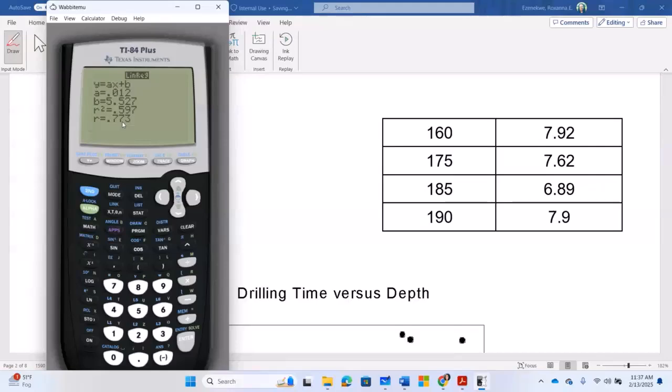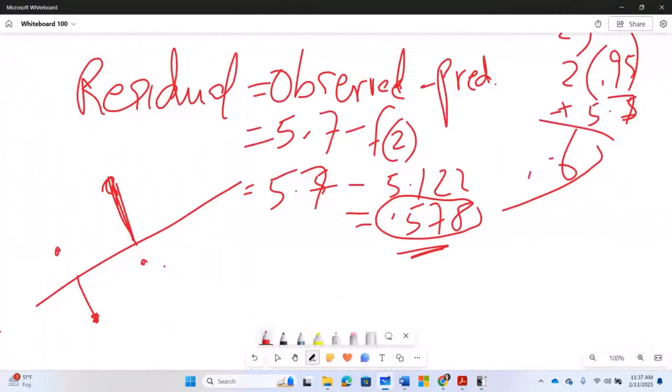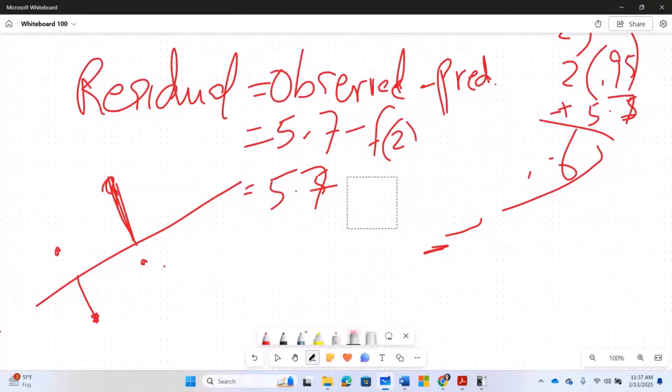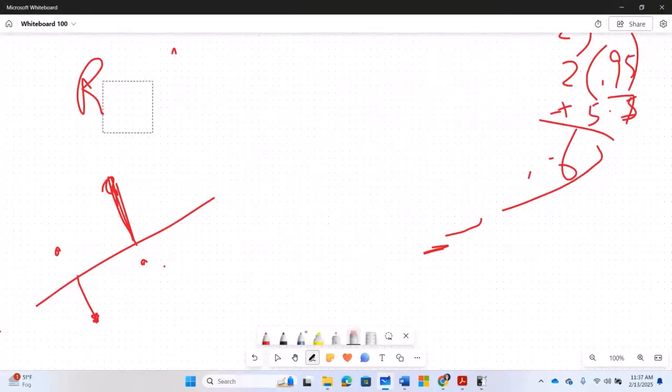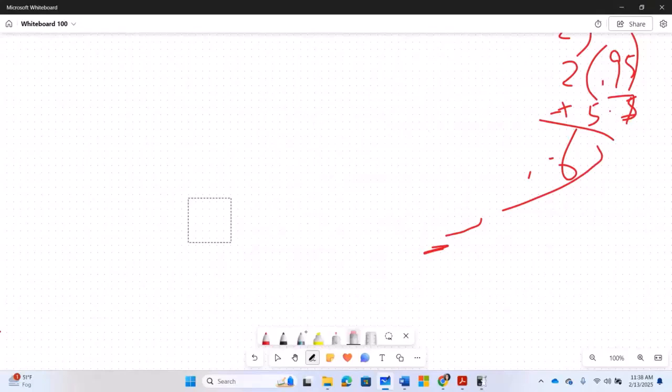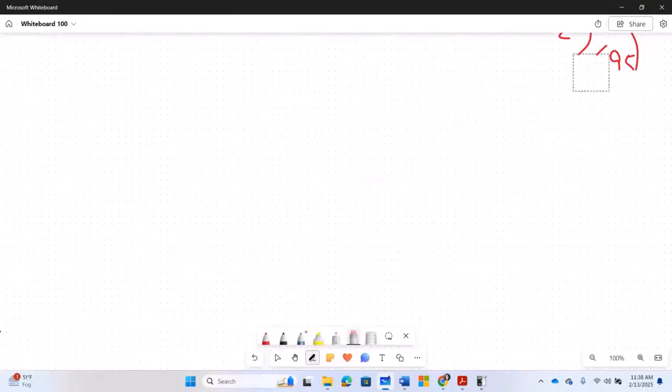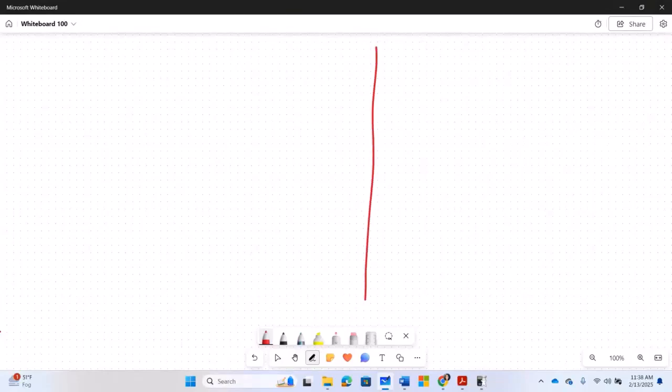This time I have my whiteboard, so I'm cleaning my whiteboard. Now the next thing is to write down everything my calculator gave me.